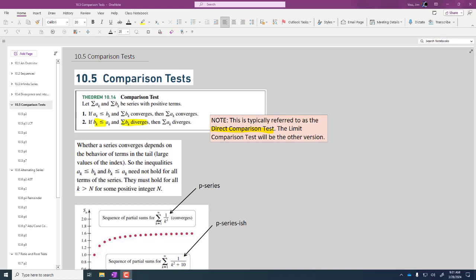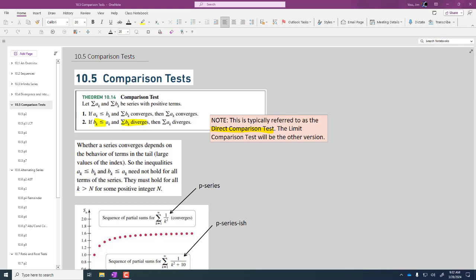One is called the direct comparison test, and that's the one we're working on right now. The idea with the direct comparison test is that if you have a series that's close to a p-series or close to a geometric series, a lot of times we can compare to a p-series or to a geometric series.